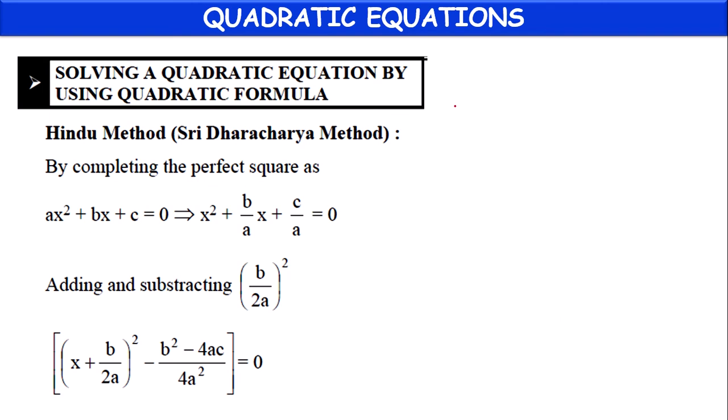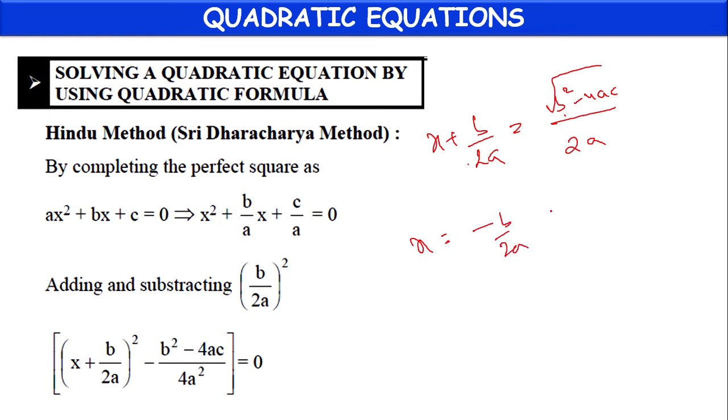So after simplification, x plus b by 2a equal to what we are getting? Root of b square minus 4ac by 2a. If we send this b by 2a also that side, x equal to minus b by 2a plus root of b square minus 4ac by 2a.